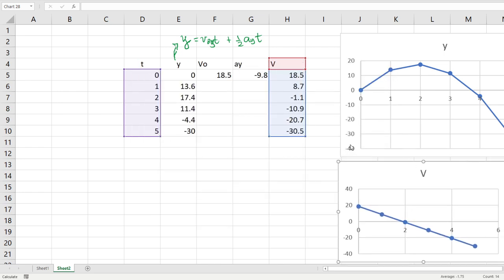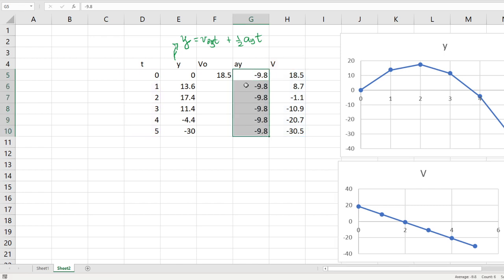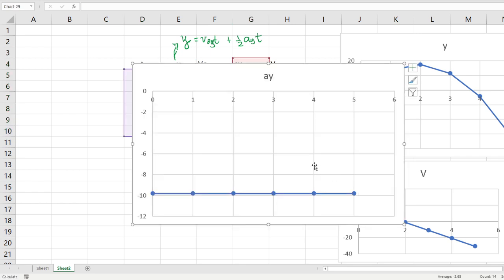We now have two. Now for the acceleration, obviously the acceleration remains constant all throughout, so we will have a graph which is just a constant.